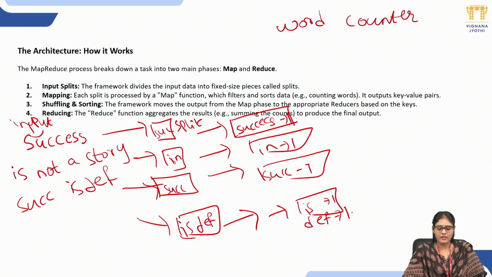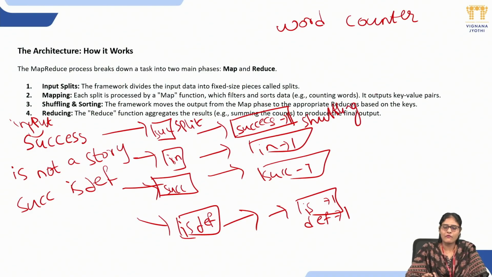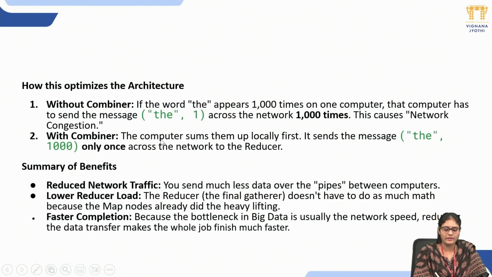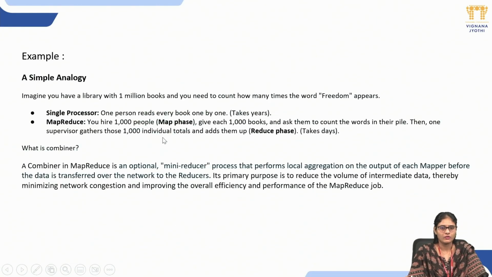In the shuffling stage, it just shuffles the words. Each word will be written as 1, 1, 1, 1, 1. Even if success appears 2 times in this sentence, it will not write 2; it will write only 1, 1.